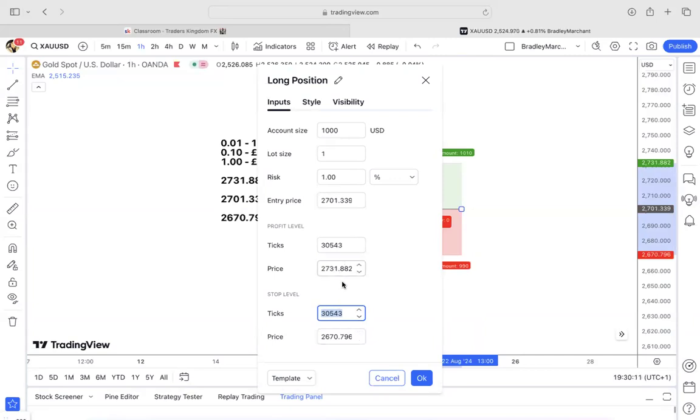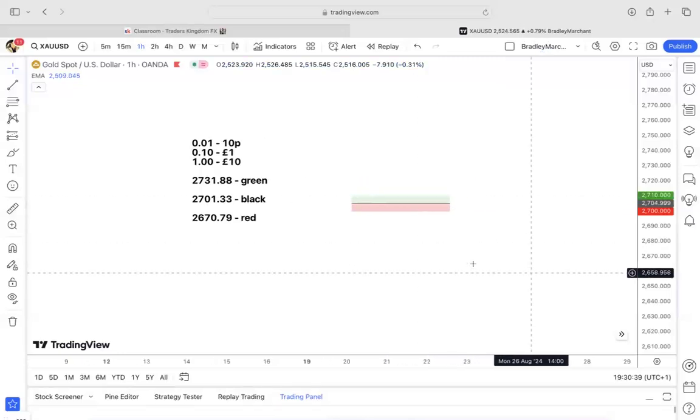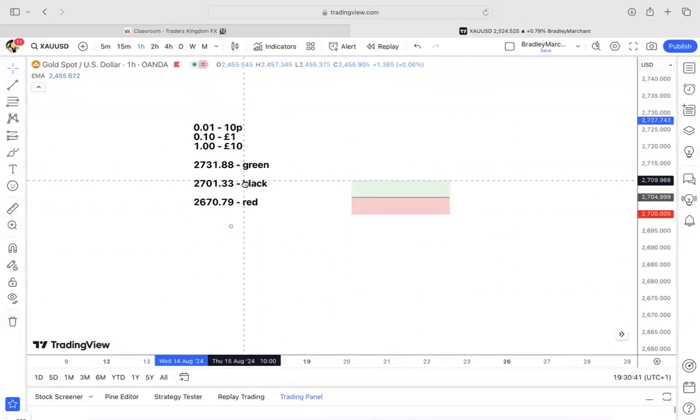Let me put this at entry price 2700, and we'll put that at 2750.0, and we'll put the stop loss at... Trying to make it easy for my brain. Okay, that's easier, right? Messed up my brain a little bit there.